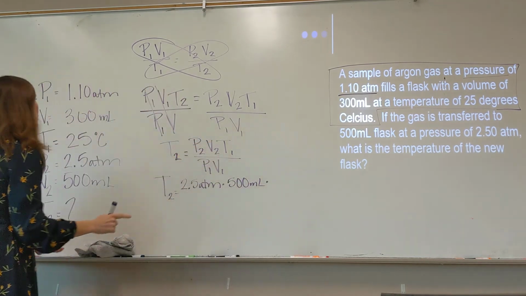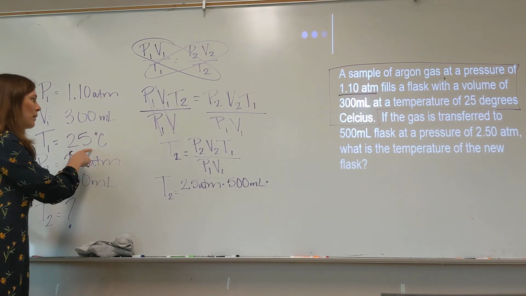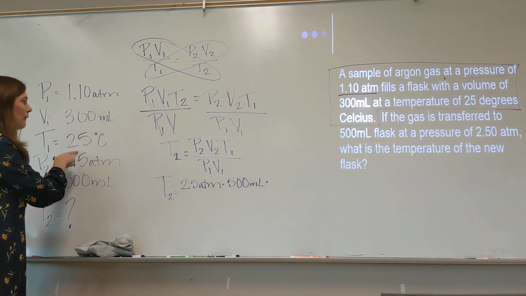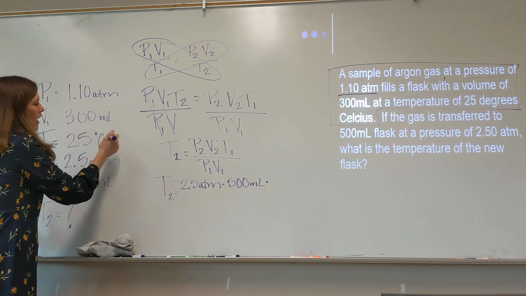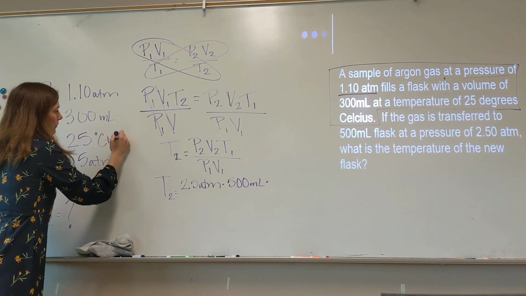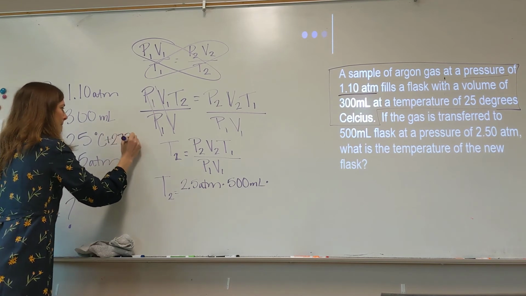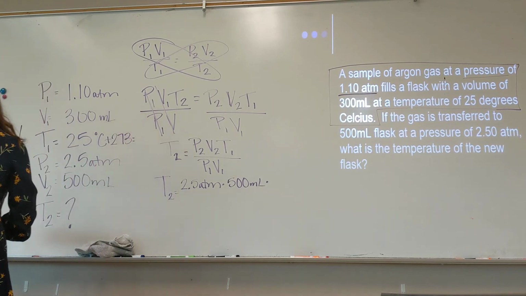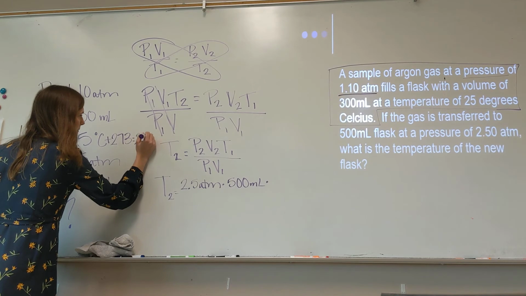Multiplied by my T1. Oh, wait a minute, we skipped a step. 25 degrees Celsius. I can't use degrees Celsius. I have to add 273 here. And we'll get 298.